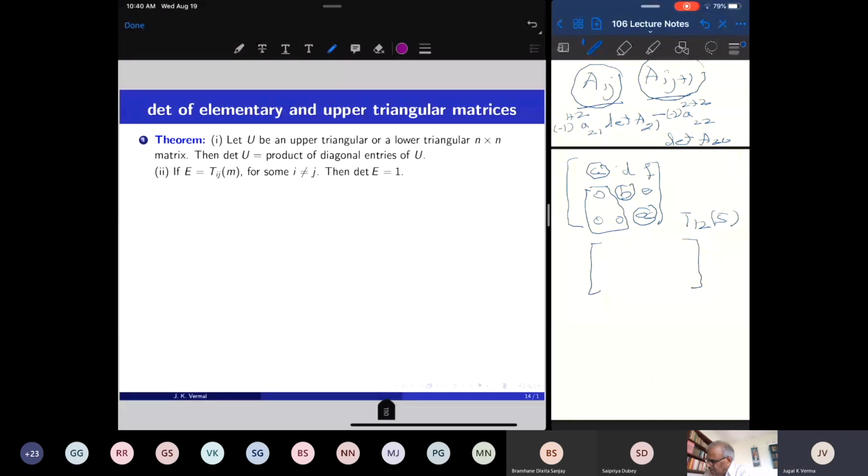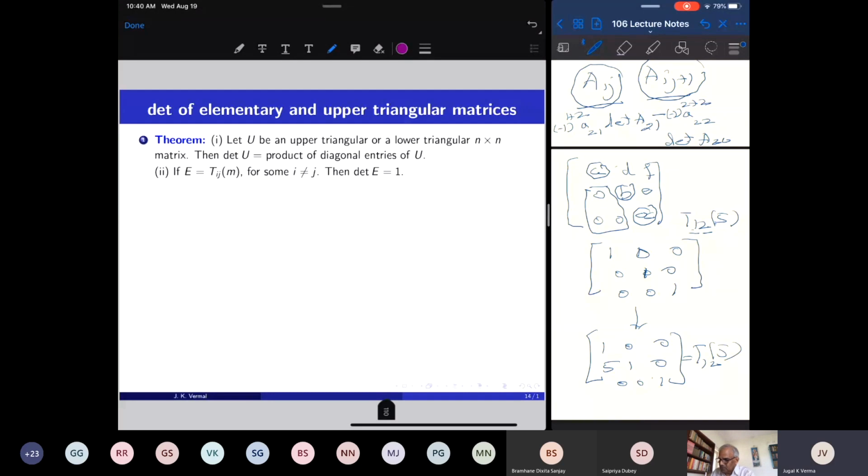So we're adding the first row to the second row after multiplying by 5, and we do this for the identity matrix. So this is the identity matrix, and we perform the row operation, that is adding 5 times the first row to the second row, and so this will be 1 0 0, 5 1 0, 0 0 1. So this is my T12 of 5.